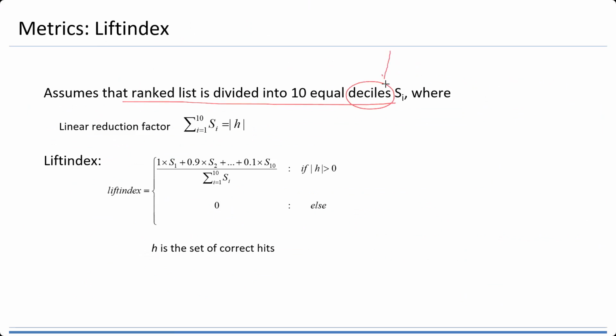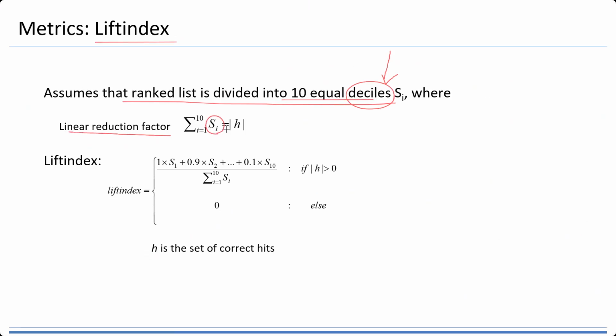If you know deciles, we will take a look about deciles later. So using the leaf index, we want to look at the numbers at the 10 equal deciles where the linear reduction factor, we call it, is the summation of the SI.